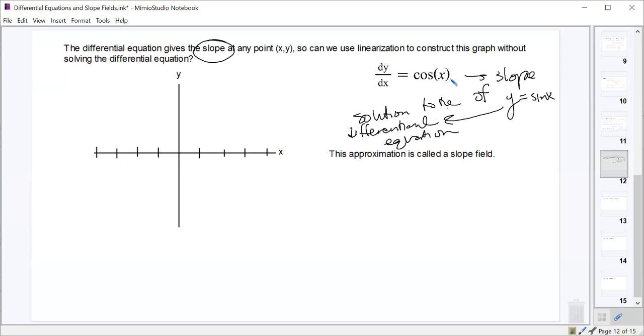And what its slope is at that point for the function that has this as its derivative and goes through that point. So hopefully that makes sense. If not completely, I think it will by the time we're done with this first one. So what's a really easy point that we could use to plug into our differential equation?